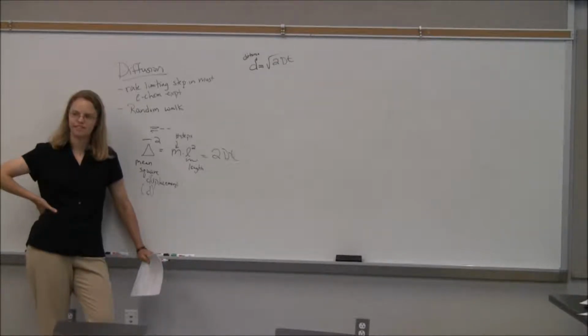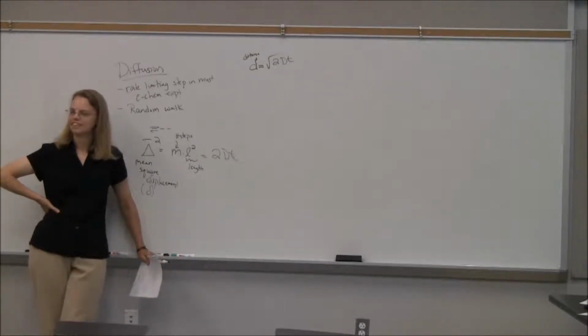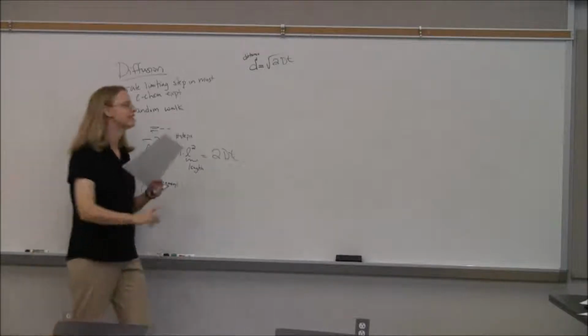Any diffusion coefficient of any molecule. All right, now I got the other side of it, because we've done a great job bracketing. All right, 6. Yeah, there we go.